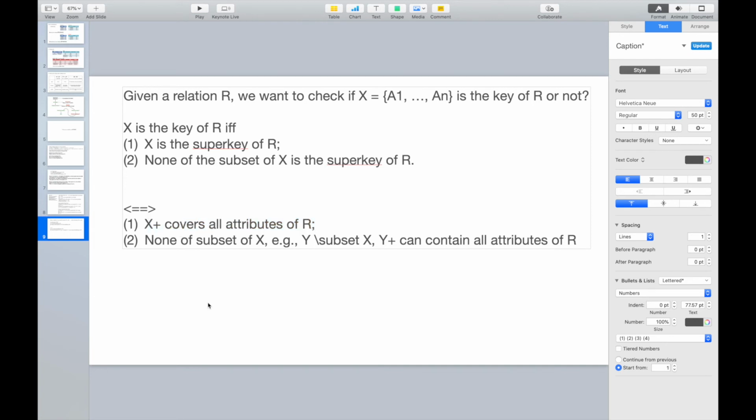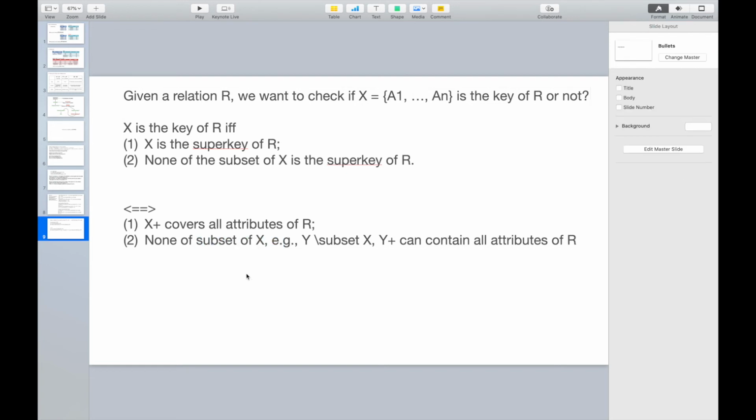We also need to check that none of its subsets has a closure containing all the attributes. In other words, none of its subsets can be a super key. If so, then X is a key of the relation. Therefore, by using the closure of attributes, we can also prove if some attributes can be a key or not for a relation.